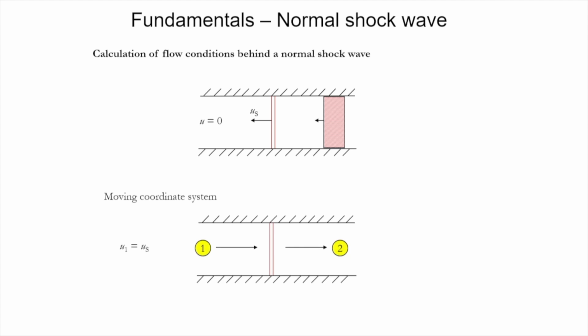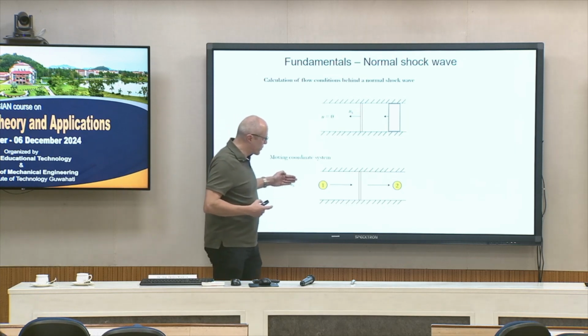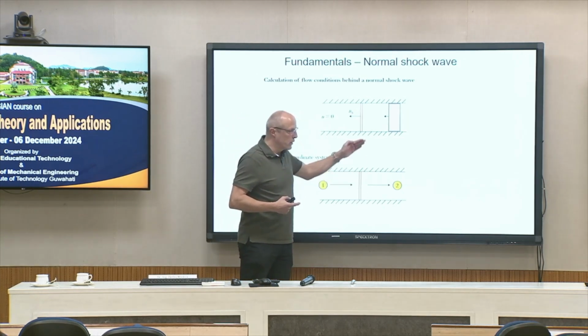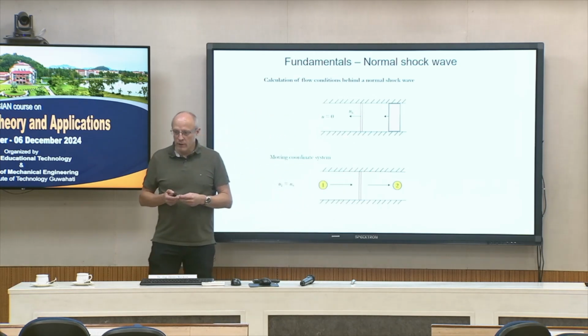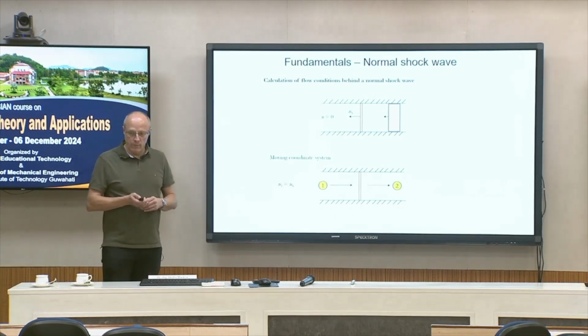And this we can describe with a moving coordinate system. So we are moving with the shock wave, and the initial velocity here is equal to the velocity of the shock wave. This is our initial condition with known temperature and pressure, and this moves towards our shock wave, and then of course temperature and pressure will change, density will change, and so on.